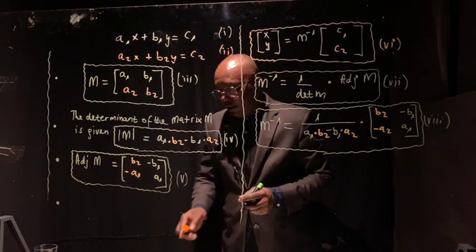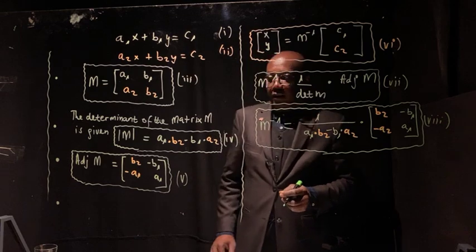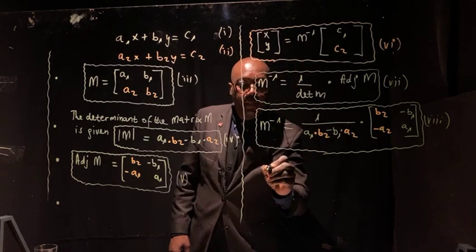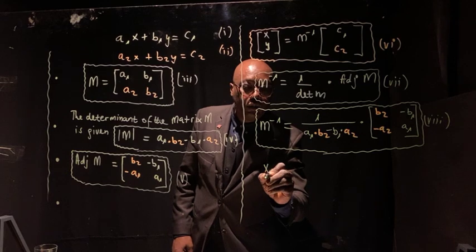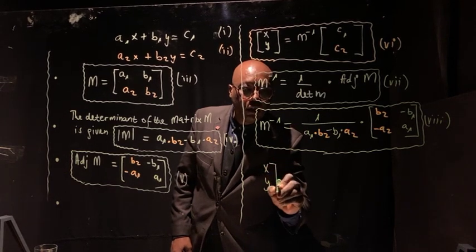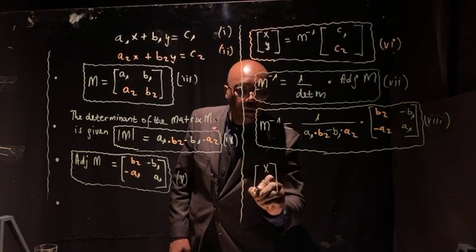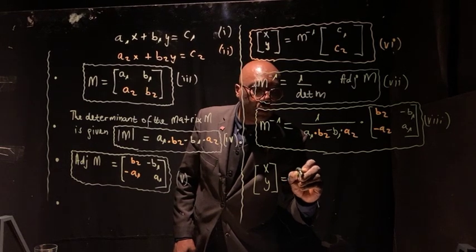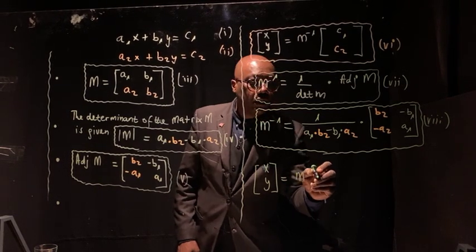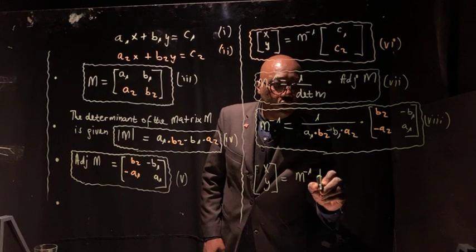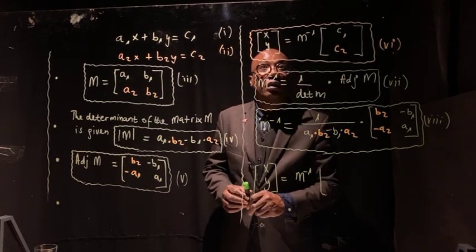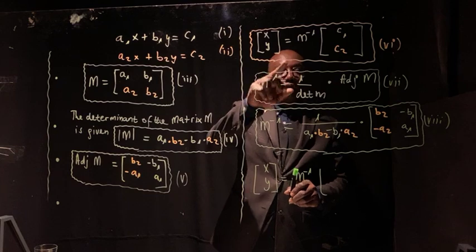But remember, in one of the equations, we found out that X over Y was M inverse being multiplied by C. Yeah, this is that equation.